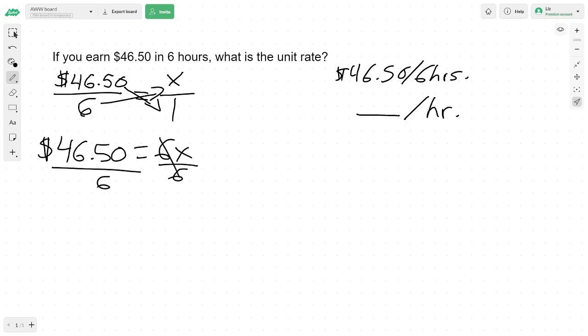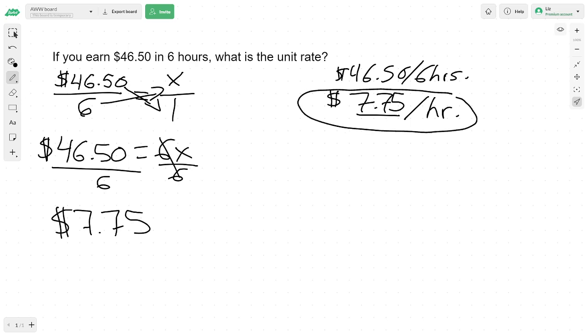Although if you saw this, you could see that you would normally just divide right here anyway. 4650 divided by 6, I would probably just do that in a calculator as opposed to by hand for accuracy and time. It ends up being $7.75. So the unit rate is $7.75 per hour.